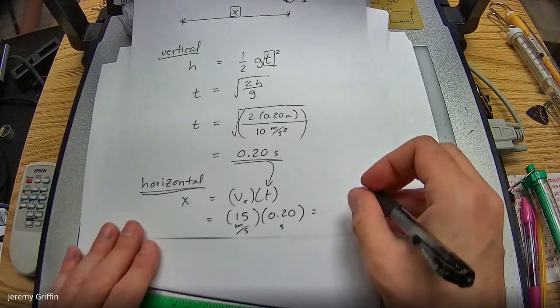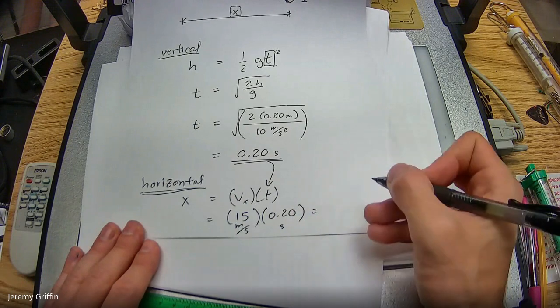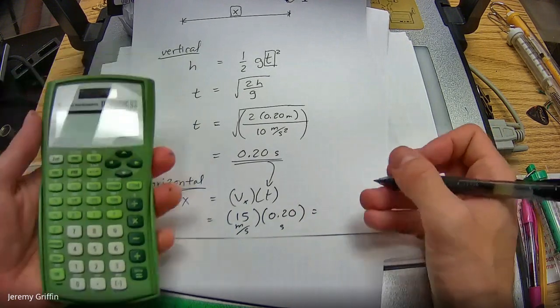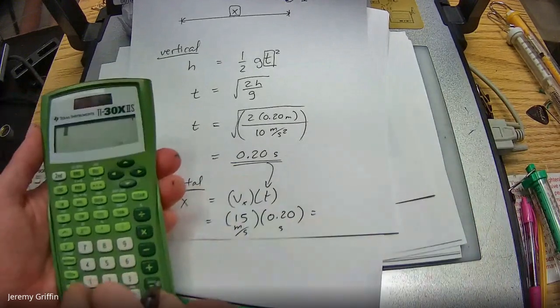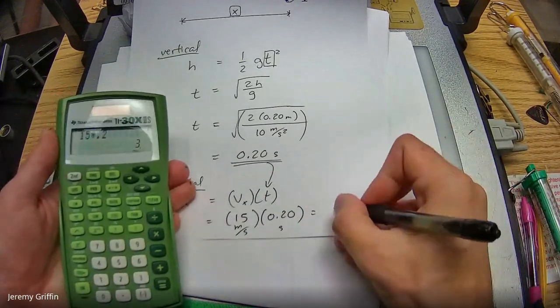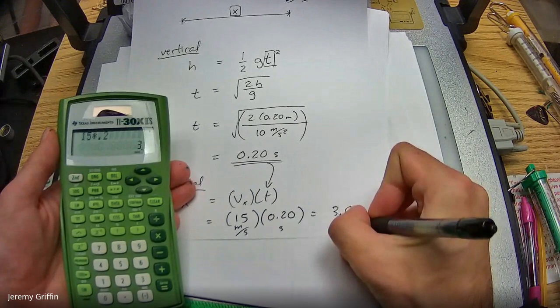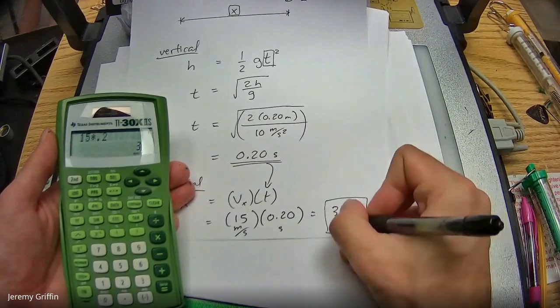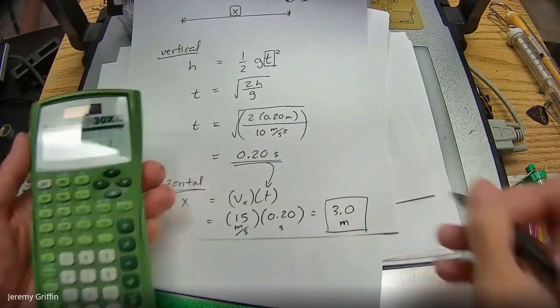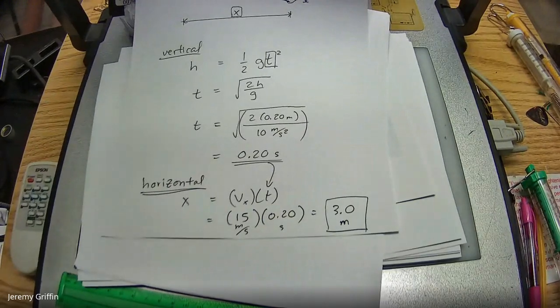And that would be 30. I think, is that 3 meters? What? 3 meters? Oh yeah, that sounds about right. 3 meters. Yeah, 3.0 meters, which is about 10 floor tiles, right? Pretty close to 3 meters.